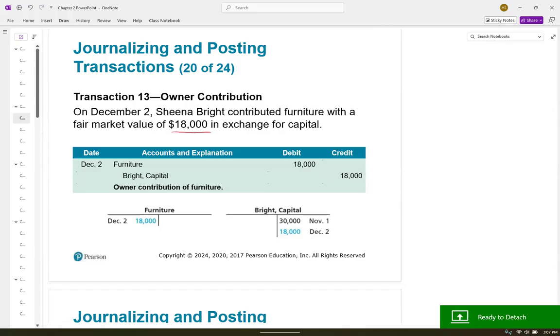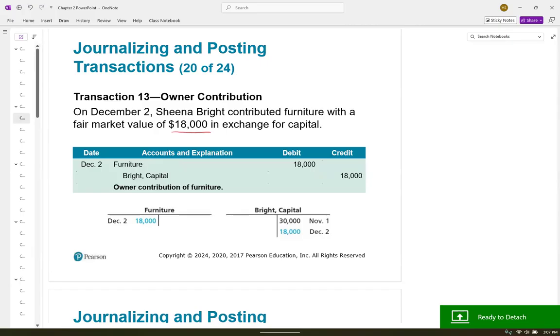She put in furniture worth $18,000 that increased her capital account. So in the previous one, this was cash. It could be a building, it could be land, it could be some sort of patent or copyright, any kind of asset that will provide the business with a future economic benefit.